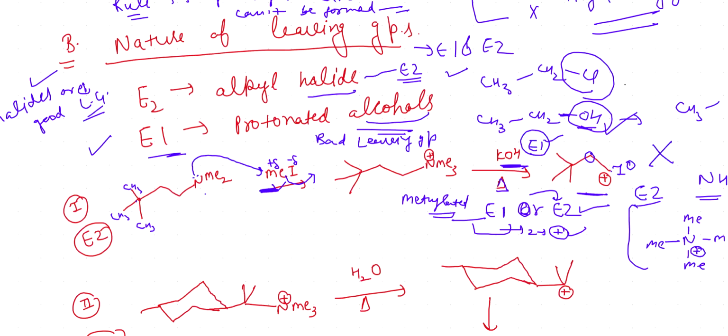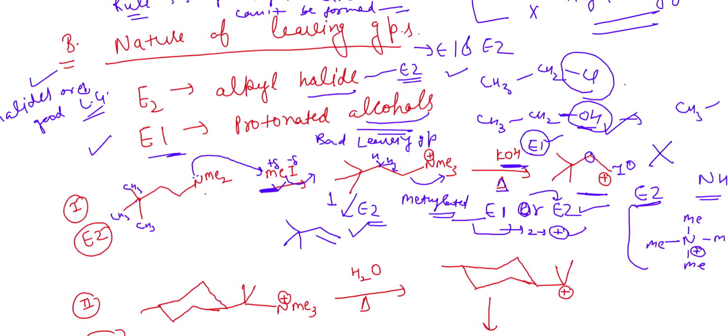In this, there will be abstraction of a proton by the base and removal of the leaving group simultaneously, thus forming a double bond, an alkene. So this is our final product. It will proceed via E2 mechanism because in this case the carbocation is less stable.